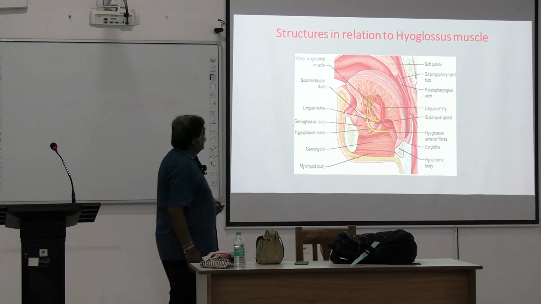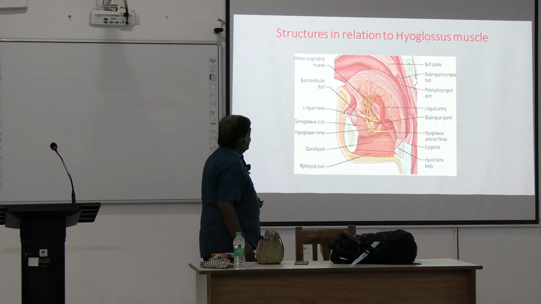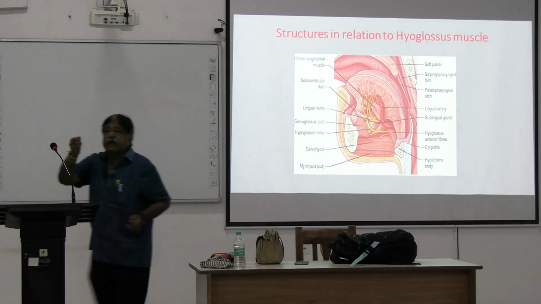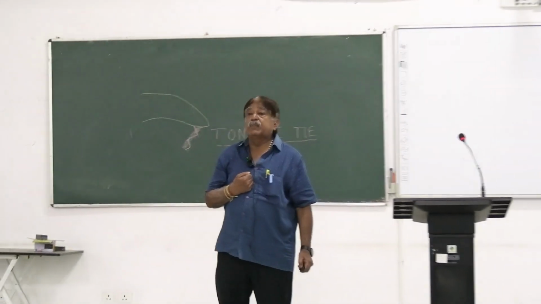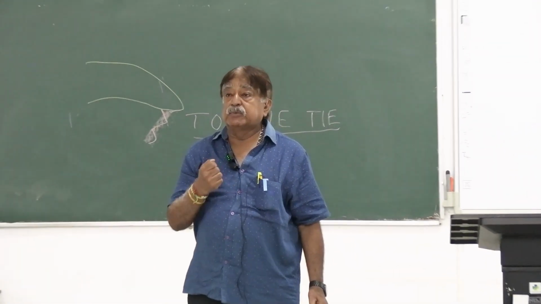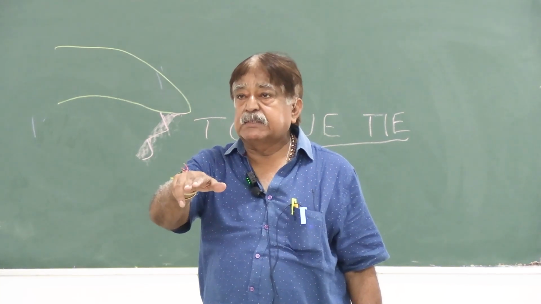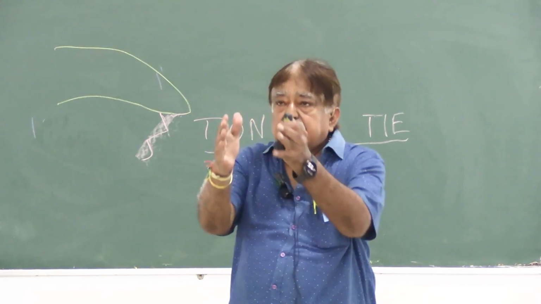The lingual artery, sublingual gland, hyoglossus anterior fibers, epiglottis, hyoid bone. This is the epiglottis, this triangular part. When you take a tongue depressor and make the patient open the mouth, you can see the uvula, you can see the epiglottis and the relation of the tongue.